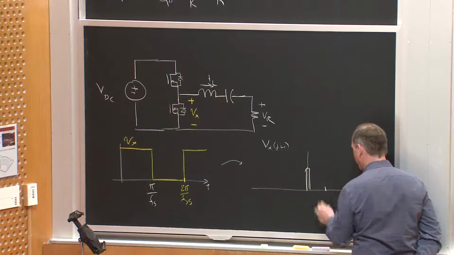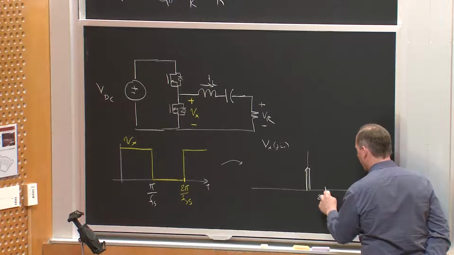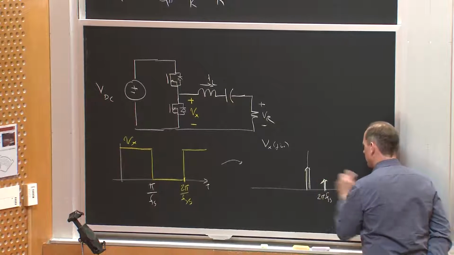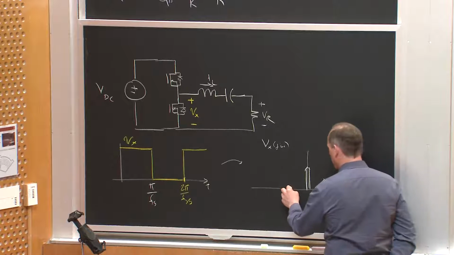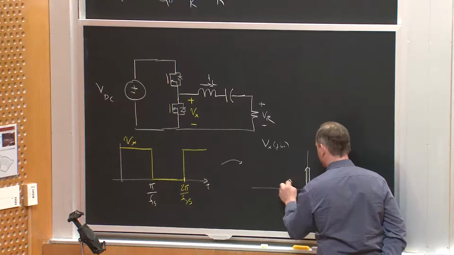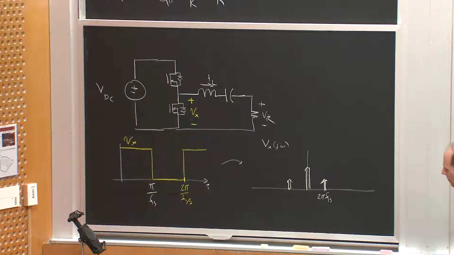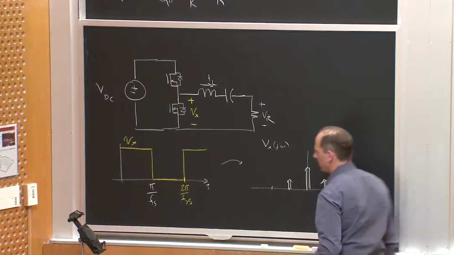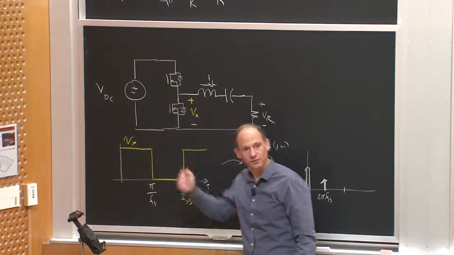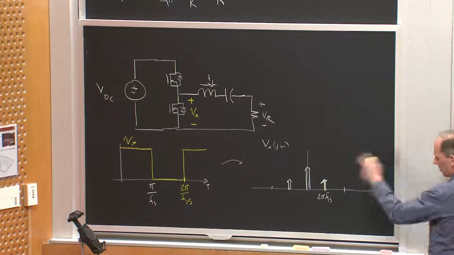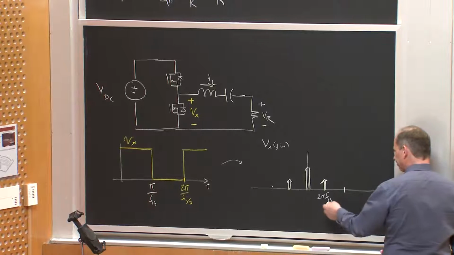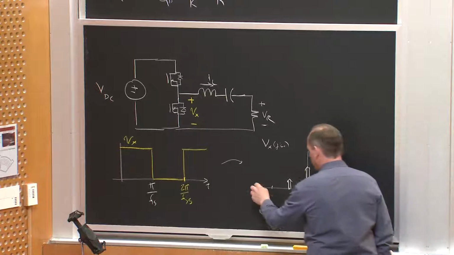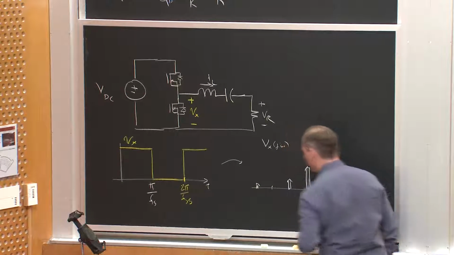And then I would have at 2 pi Fs some frequency content, and at minus 2 pi Fs, I'd have the same frequency content, okay? And then there's no second harmonic, because this is half-wave symmetric, okay? Or at least the AC component's half-wave symmetric. And so then the next thing would be the third harmonic, okay, out here, okay?